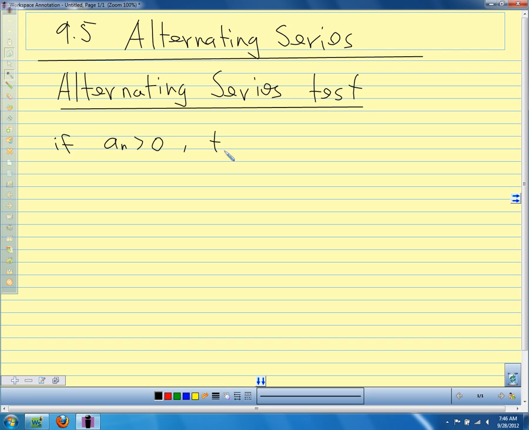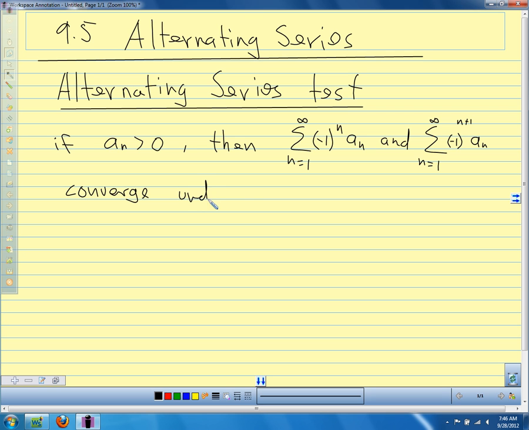So if a sub n is greater than 0, then the series n equals 1 to infinity of negative 1 to the n a sub n and negative 1 to the n plus 1 a sub n converge under two conditions.